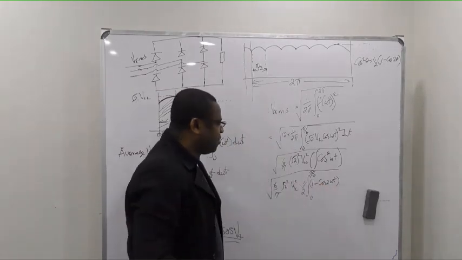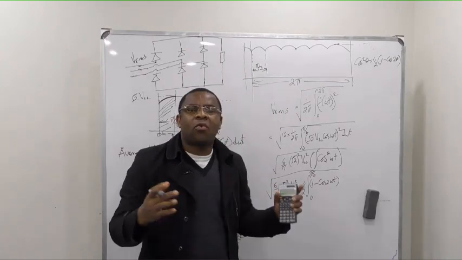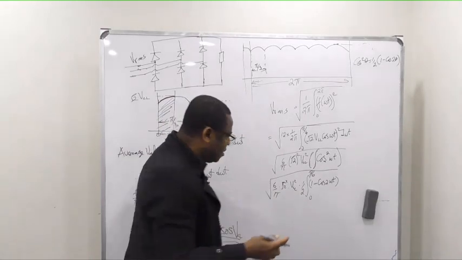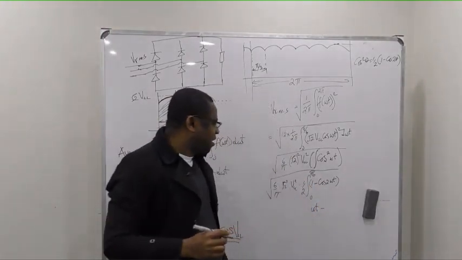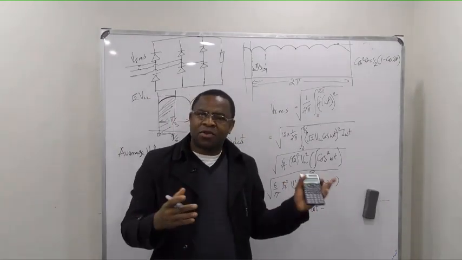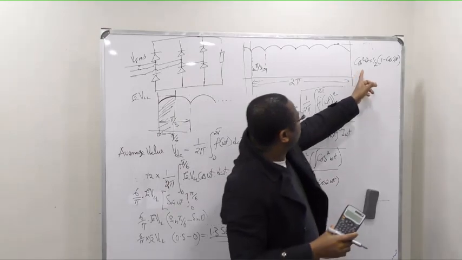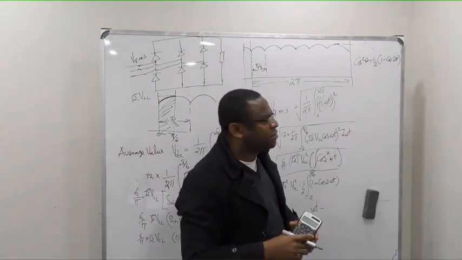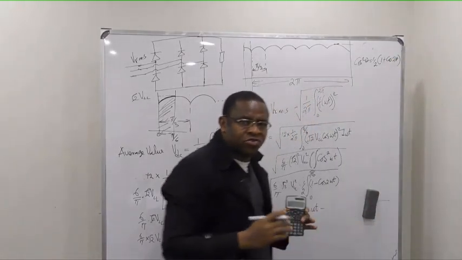Let's integrate that. If you integrate 1 with respect to omega t, you get omega t, right? So this will be omega t minus, and then if you integrate cosine, you are supposed to get sine. Sorry, you say 1 plus cos 2 theta, right?